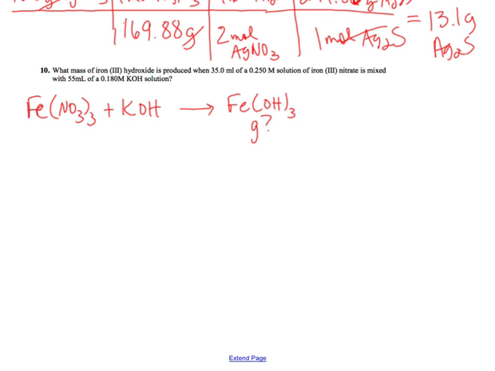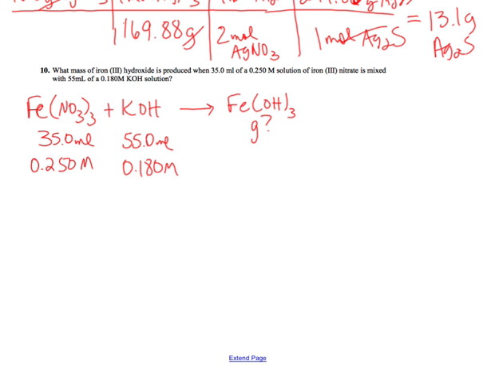And they give us a lot of information about that stuff. We know we have 35 mils of 0.250 molar iron 3 nitrate mixed with 55.0 mils of 0.180 molar potassium hydroxide.